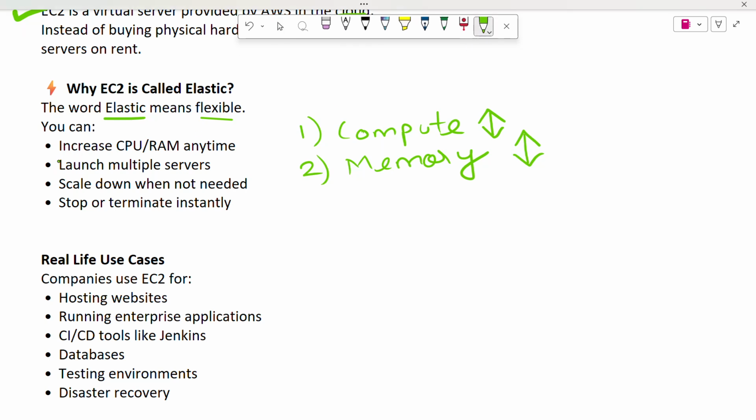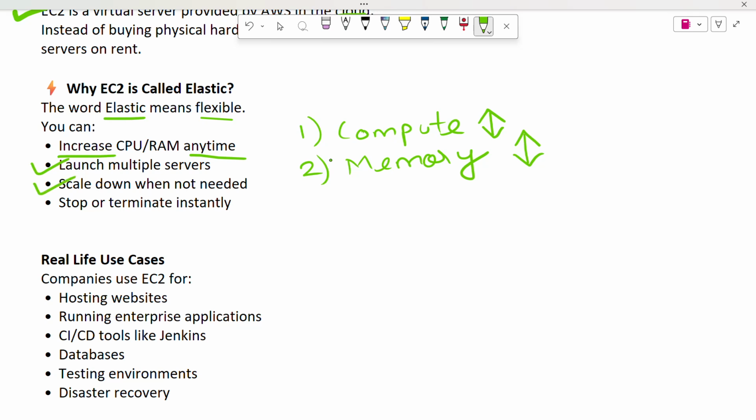That is, increase or decrease the CPU or RAM anytime, right? So this is going to help us optimize cost. This is going to help us optimize the performance of the application as well. If there is a need, we can launch multiple servers or multiple EC2 instances. It's one and the same thing, right?